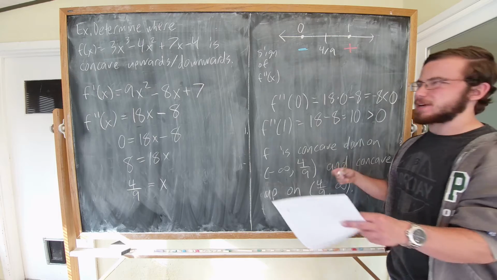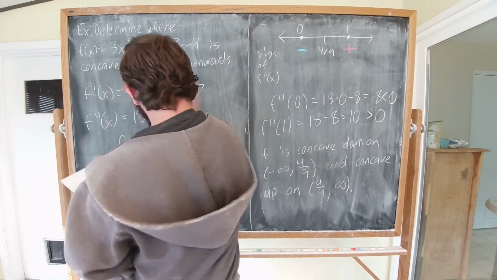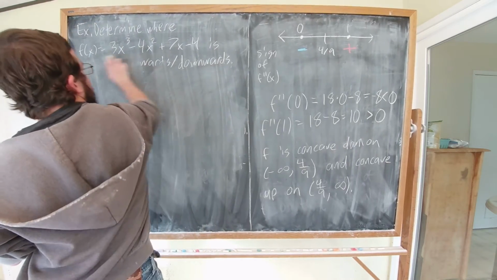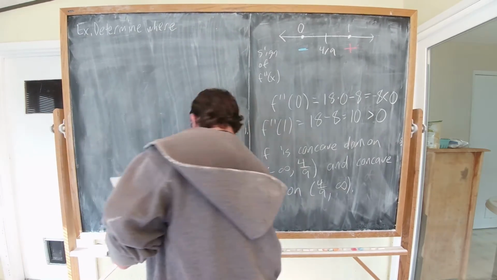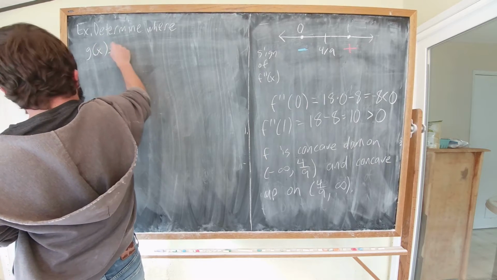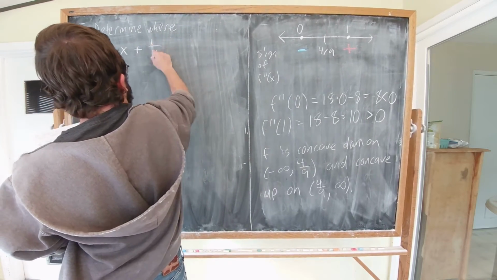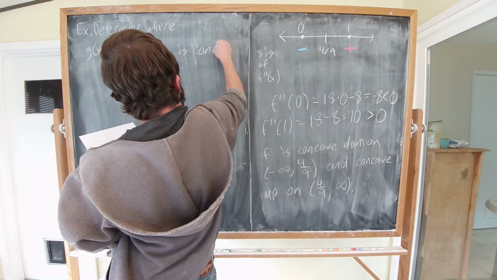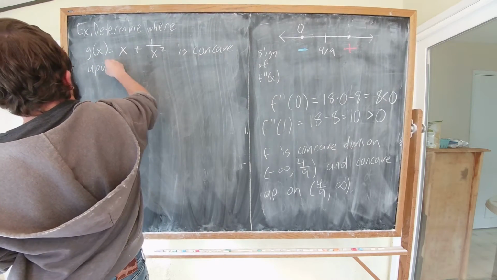Let's do another example. Let's determine where g of x equal to x plus 1 divided by x squared is concave upward slash downward.